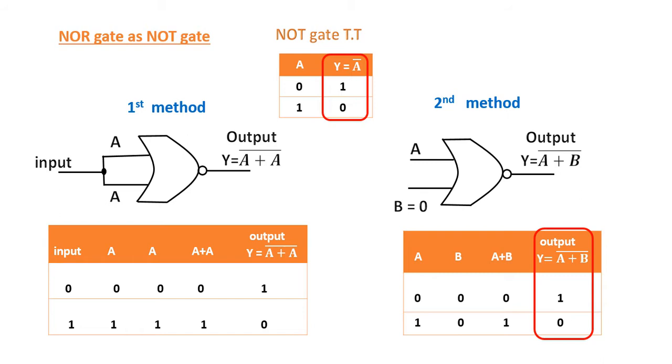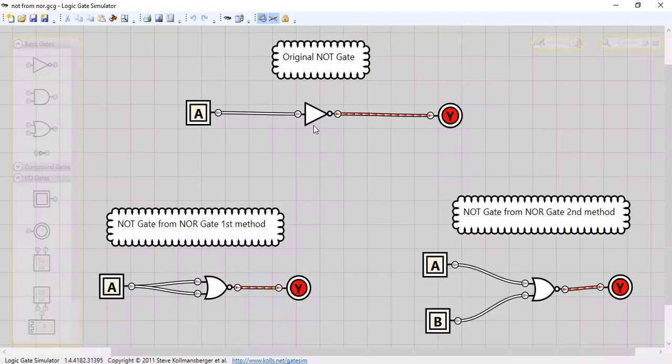Now we will move toward our logic gate simulator, where we will compare the output of this first method and second method to the original NOT gate. This is my logic gate simulator. This is my original NOT gate, where A is my input and Y is my output. Likewise, this is for my first method. The input of this NOR gate is merged into a single input here, and Y is my output.